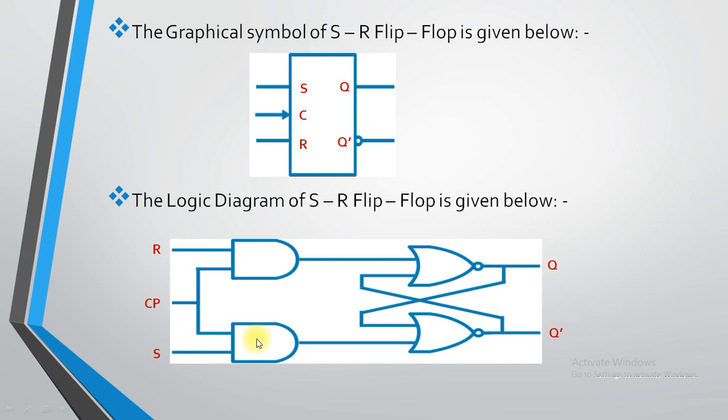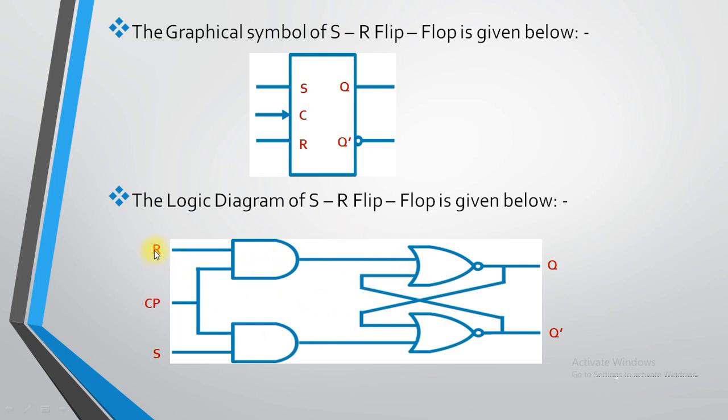Is that clear to everyone? Then what is the second change? We need to put an inverter over here. Inverter means NOT gate. So there are two changes we need to apply in this circuit.